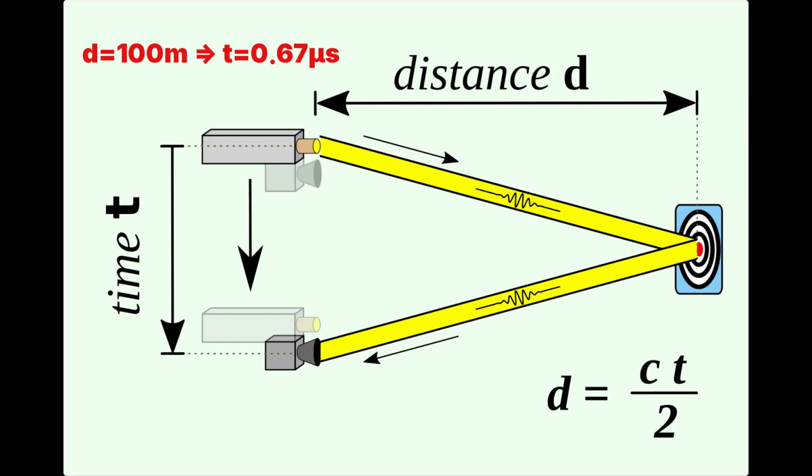At its core, the method is extremely precise because measuring the time with today's electronics is not a problem. If we are talking about a distance of 100 meters, the time is 0.65 microseconds. That type of time is very easy to measure with today's computers.